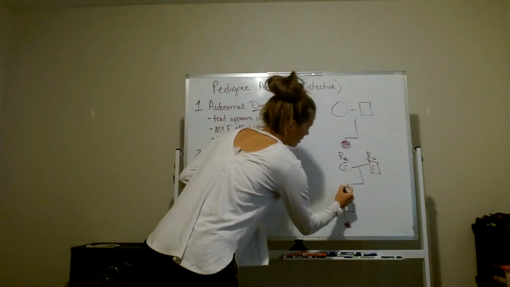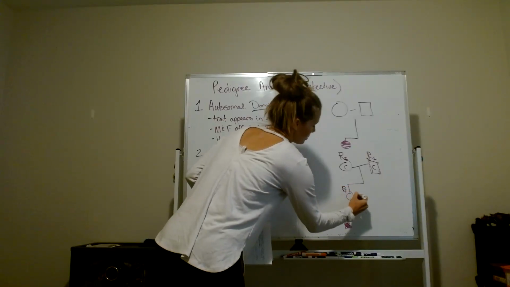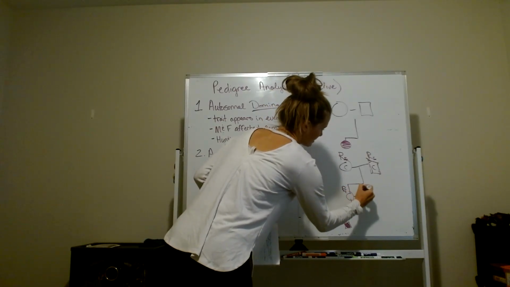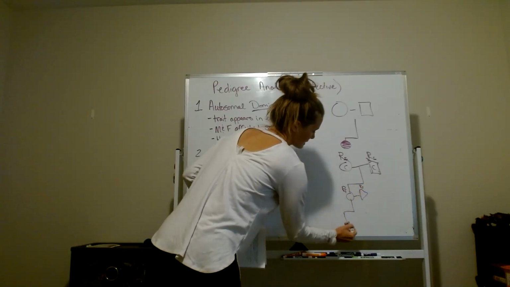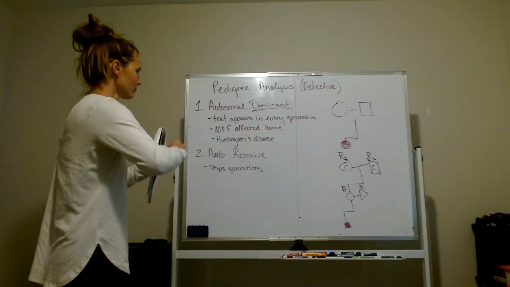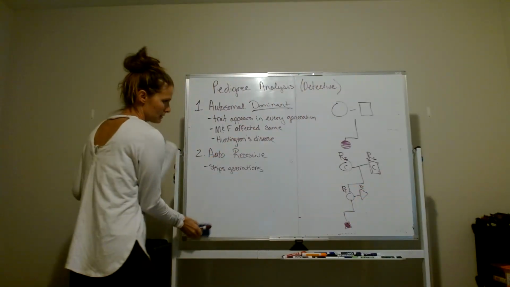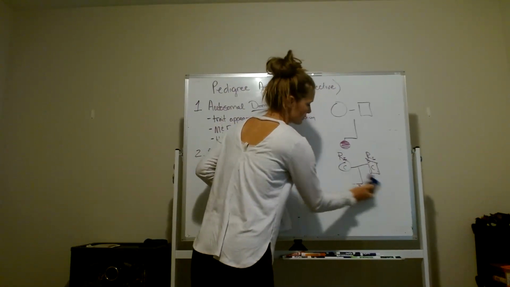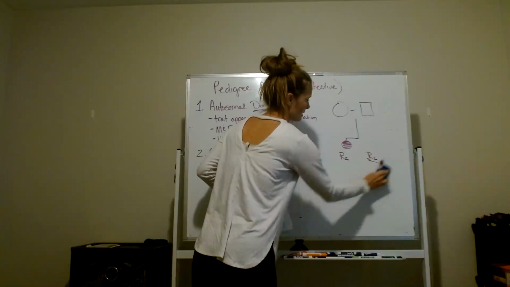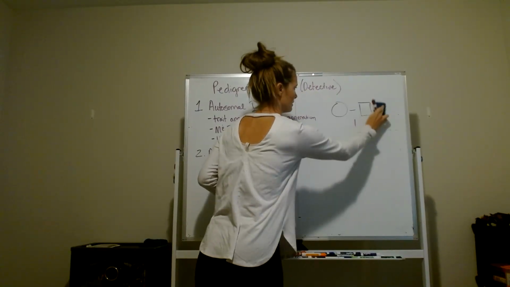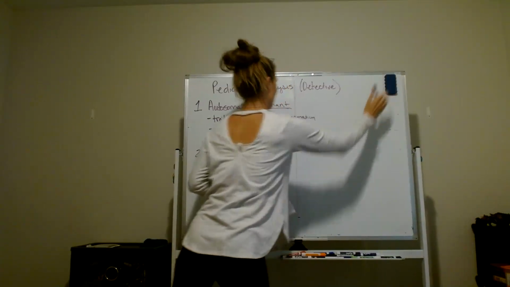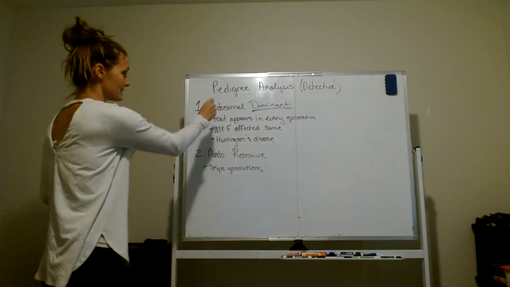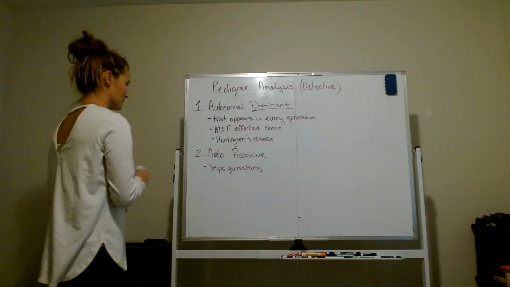And here, R. Both parents have to be carriers, right? Because it skips a generation. And like I said, in the lab, it will go into a little bit more depth. So it skips a generation. That's the big thing that you need to know about autosomal recessive.